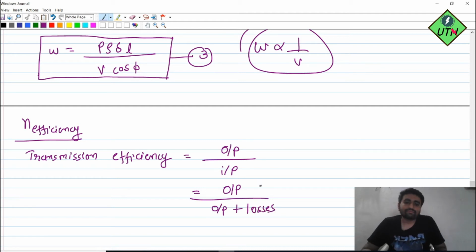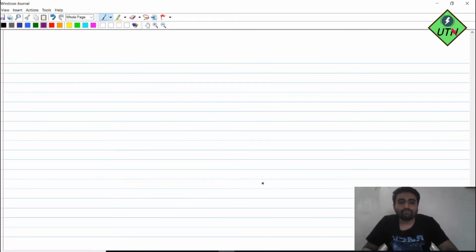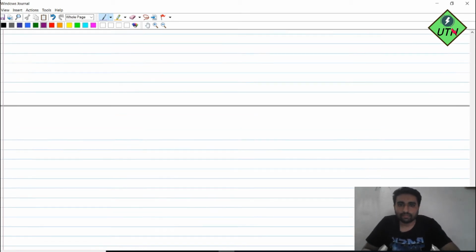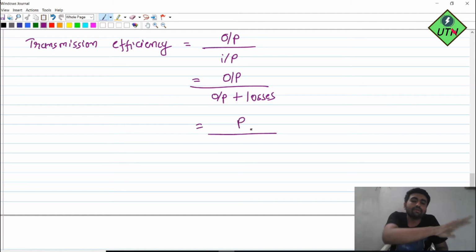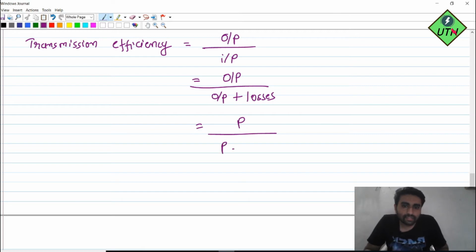So we can also call our input the output plus losses in our system. Now if we talk about the output, the output that we have is basically the power that is delivered at the receiving end. Similarly, the losses that we have just derived, that is W. So our equation for the transmission efficiency is going to be P divided by P plus W.